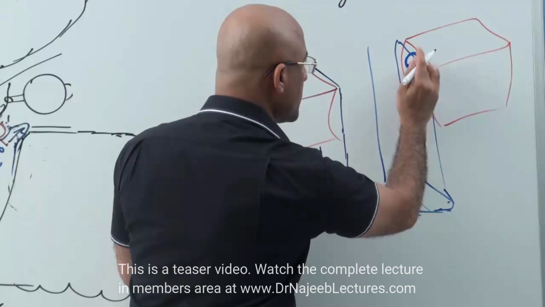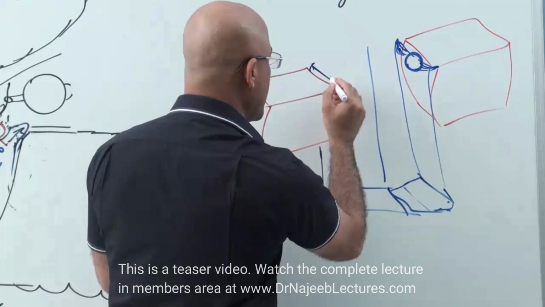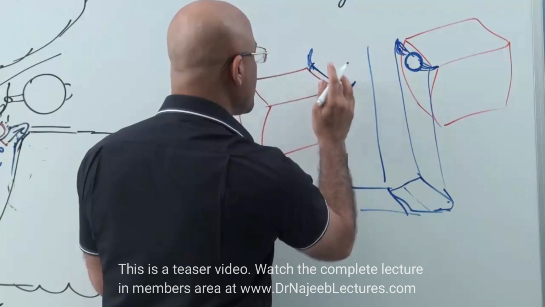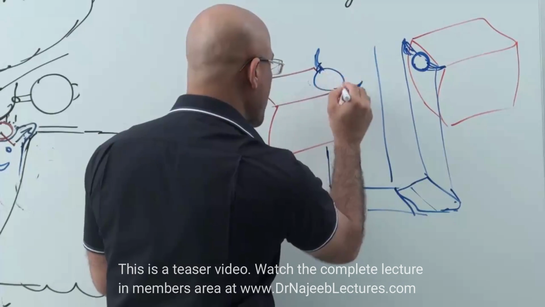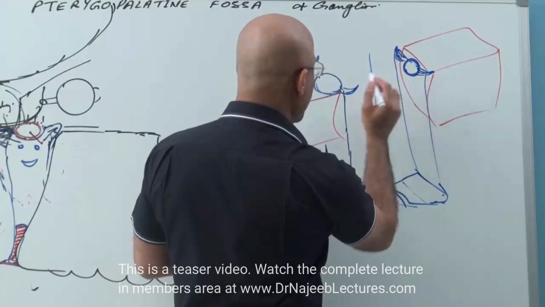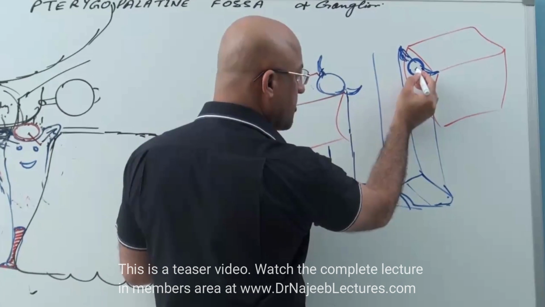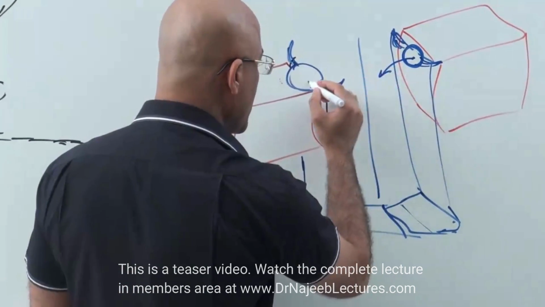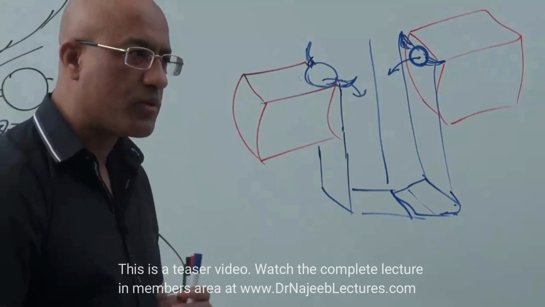Foramen. Sphenopalatine. Here was the orbital process and here was the sphenoidal. And below, if you look at this, what was this foramen here? Sphenopalatine. And this foramen helps the pterygopalatine fossa to communicate with the nasal cavity. Am I clear? Anyone has any question?